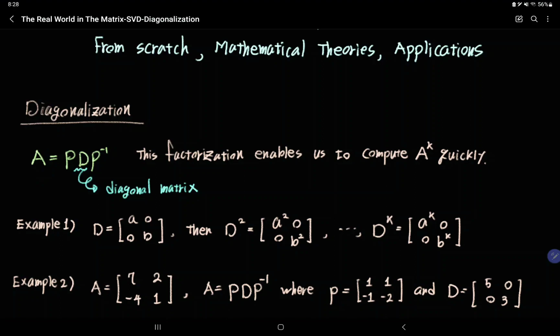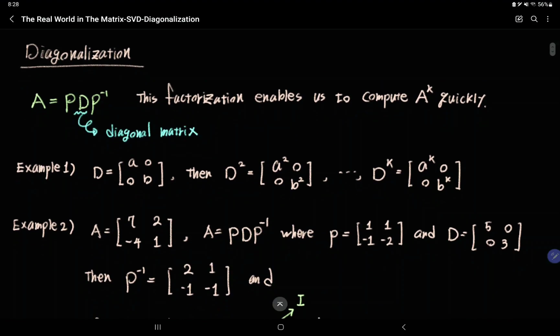Okay, so let's see an example. Example one: the matrix D is a 2 by 2 matrix, and especially D is a diagonal matrix. A diagonal matrix is one where only the diagonal entries are non-zero, and all other entries are zero. Then we want to compute D squared through D to the k-th power.